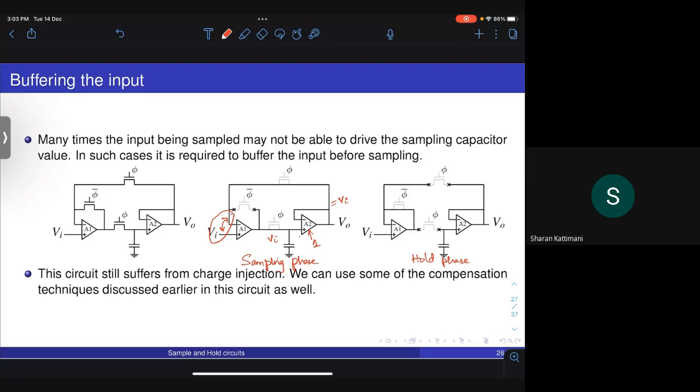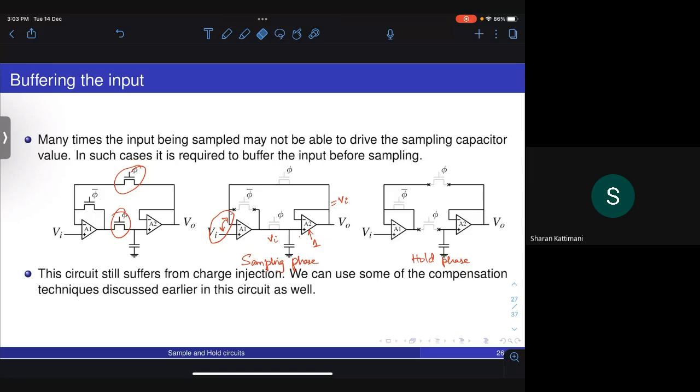Okay, so in the sampling phase, all these switches are turned on, this one and this one, and the equivalent circuit looks like what is shown in the middle here. The sampling capacitor is charged to a voltage of Vi. In the hold phase, these two transistors, shown in the circle in the first figure, turn off, and the input side is now disconnected from the output side.